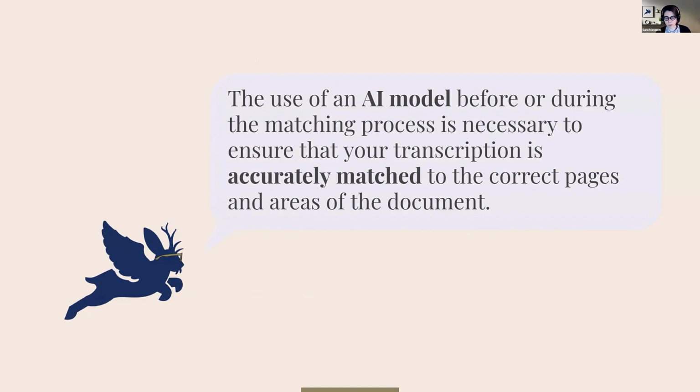So this is the basis of how the tool works. First, there is a rough transcription done by AI. It could have been done before the matching process or at the same time, and thanks to that, you can match the existing transcription.